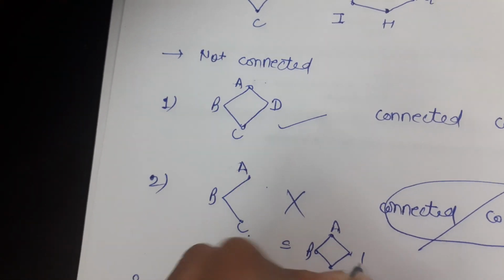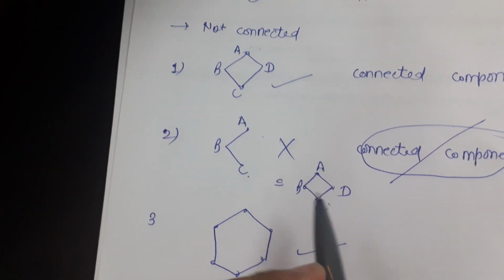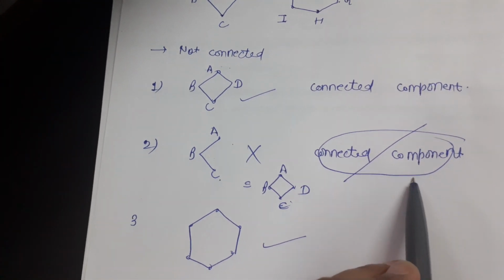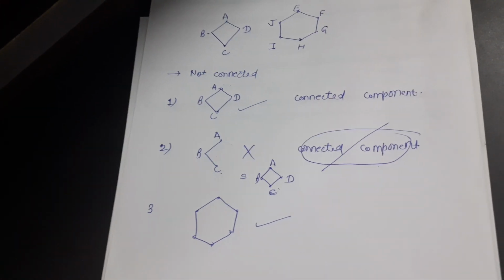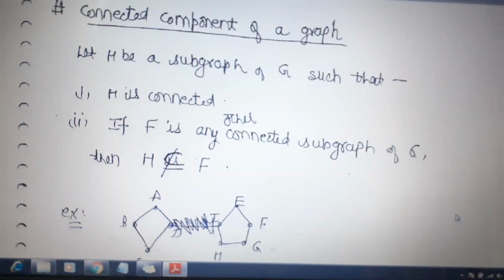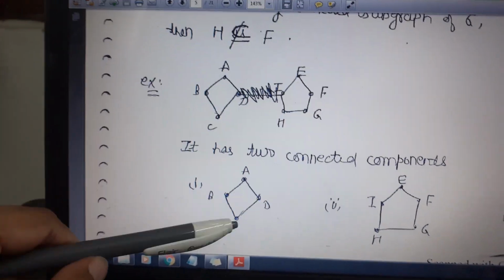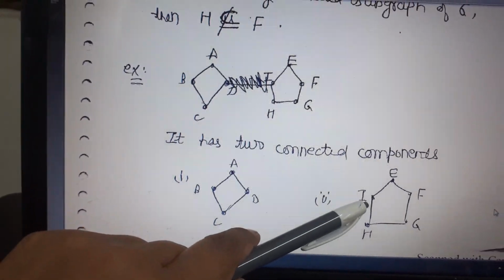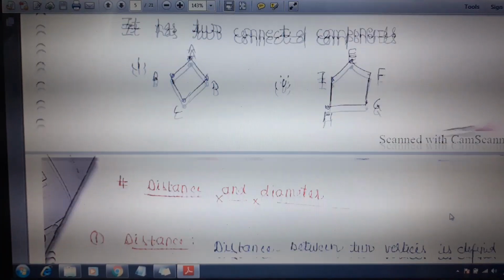A, B, C and D. And this is also connected, right? So it is not a connected component. Yes, it is a connected component. Okay, here this is a connected component, this is a connected component, others cannot be the connected components.